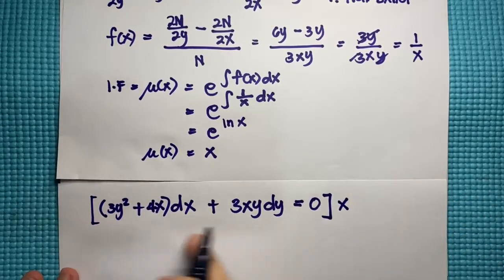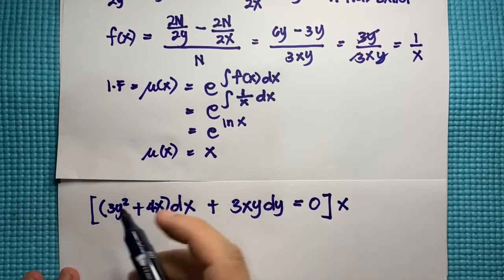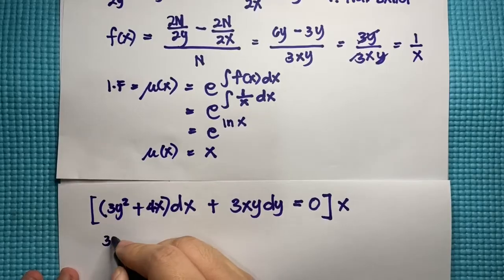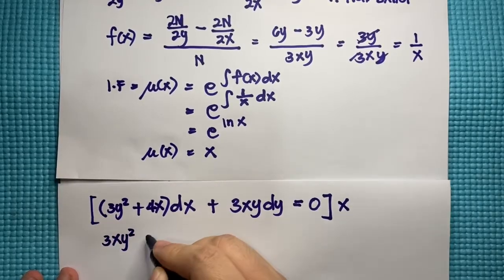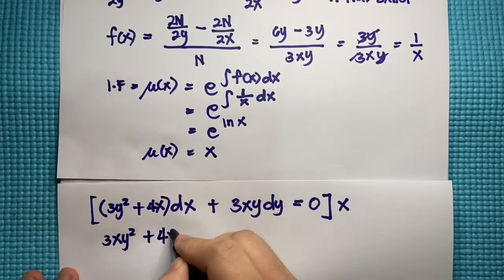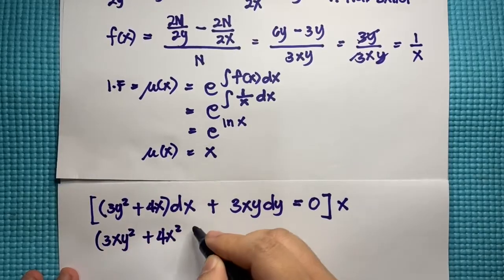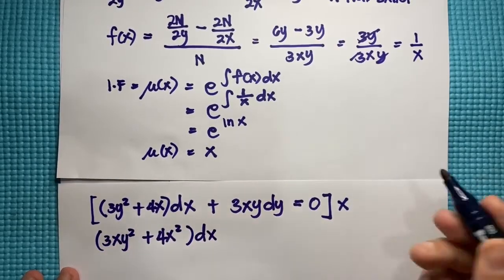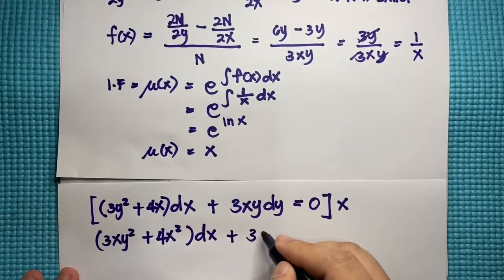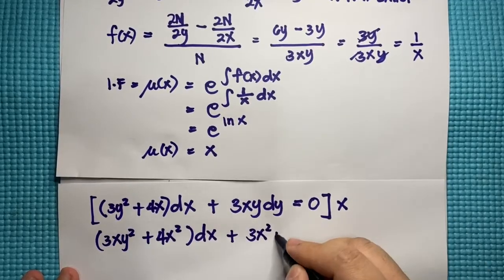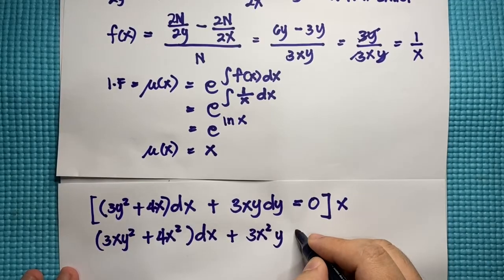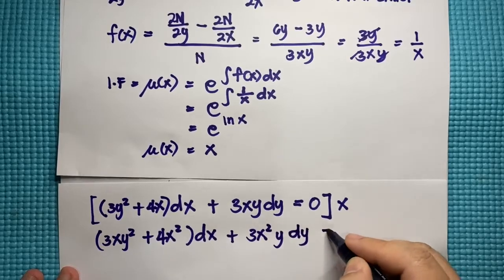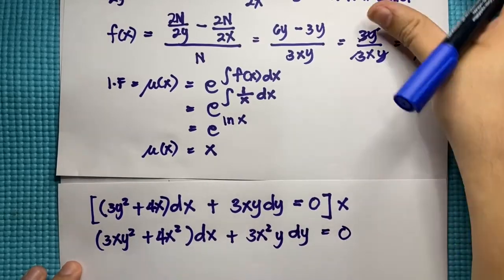So I'm going to multiply everything by x, giving us (3xy squared plus 4x squared) dx, plus 3x squared y dy, is equal to 0.